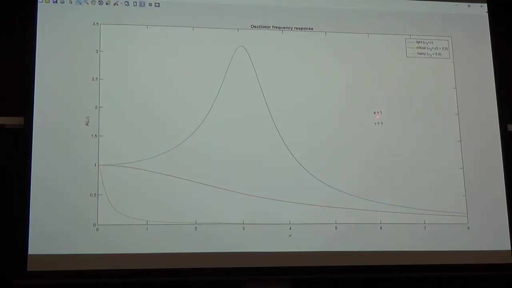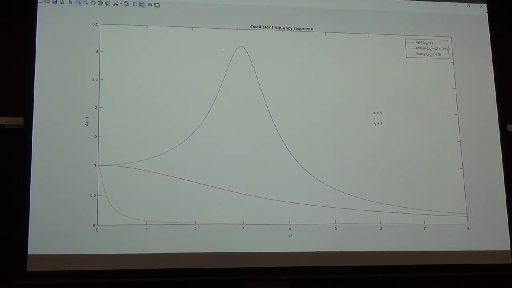That's A equals 1, so they're approaching little a at omega equals 0. We demonstrated that last time for different cases, that that's what we expect. In the limit of 0 frequency, the amplitude of your motion is the same as the driving amplitude.